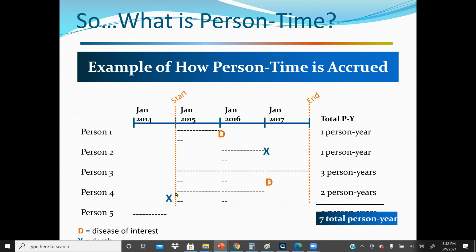Then person 4 is from January 2015 to December 2016, so it's 2 person-years. When we add all, we get 7 total person-years. Person 5 is 0. So here we have a total of 2 cases of disease.